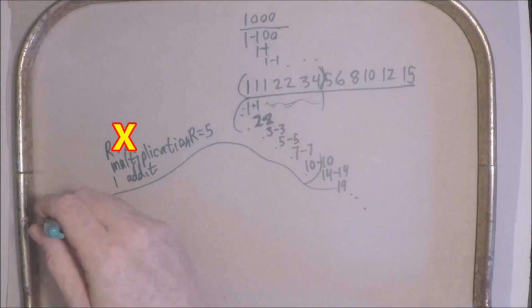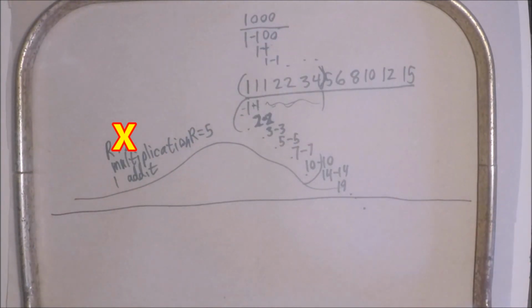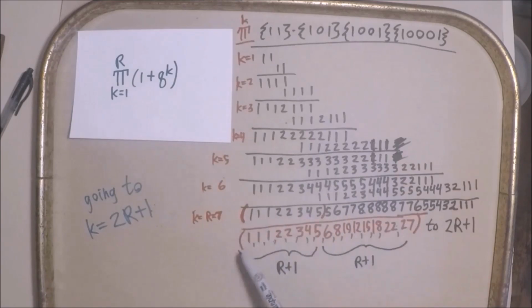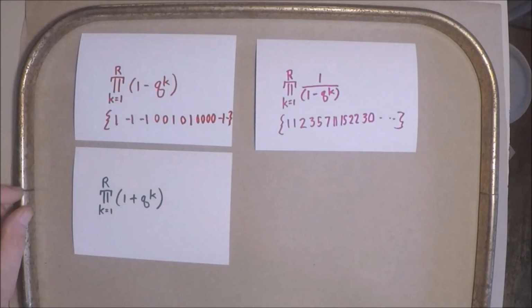So let's move on from where we need to move on from, which is, at this stage, we need to first ask, what are these numbers? And is there a function corresponding to them?